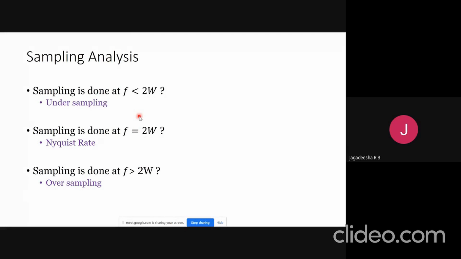So we have seen in the previous slide the sampling theorem. It has given us the freedom to choose the sampling frequency either here or here, right? If the sampling frequency is less than double the highest frequency component of the signal, or the bandwidth of the signal, then what happens? The signal reconstruction is impaired.